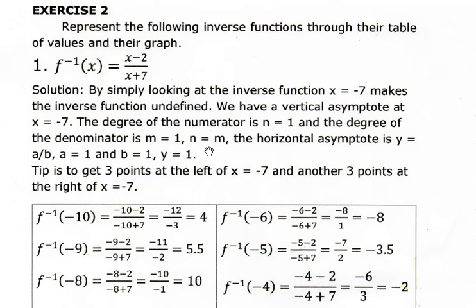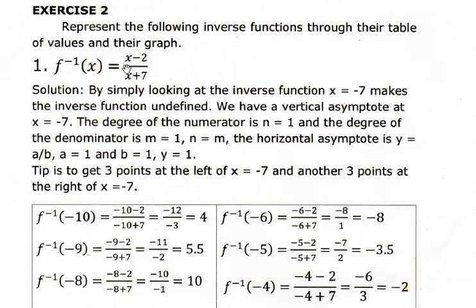So we have a property that if the degree of the denominator and the numerator are equal, then the function has a horizontal asymptote y equals a over b. Now what is a and b? A is the leading coefficient of the numerator, meaning the numerical coefficient of the term with the highest degree.